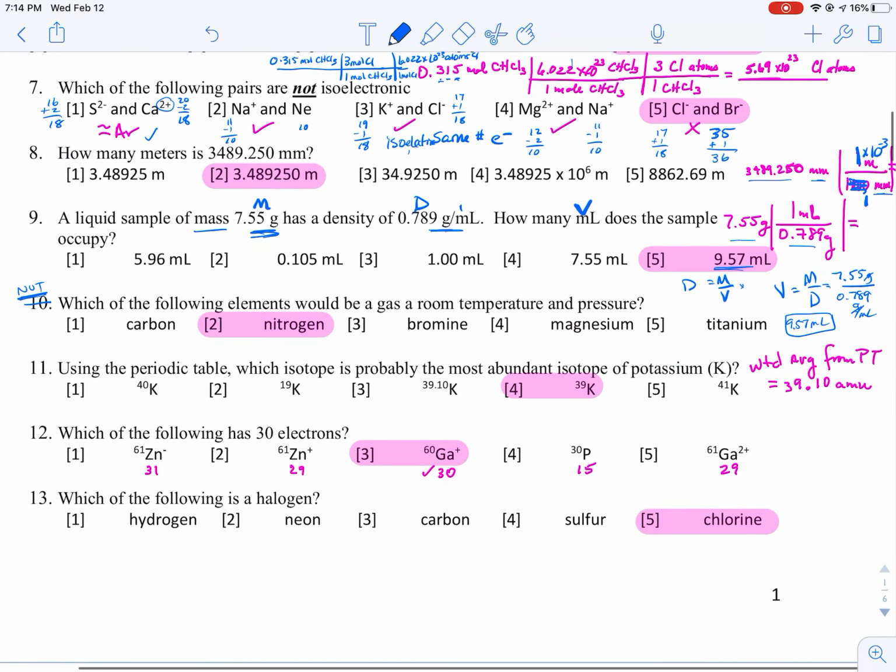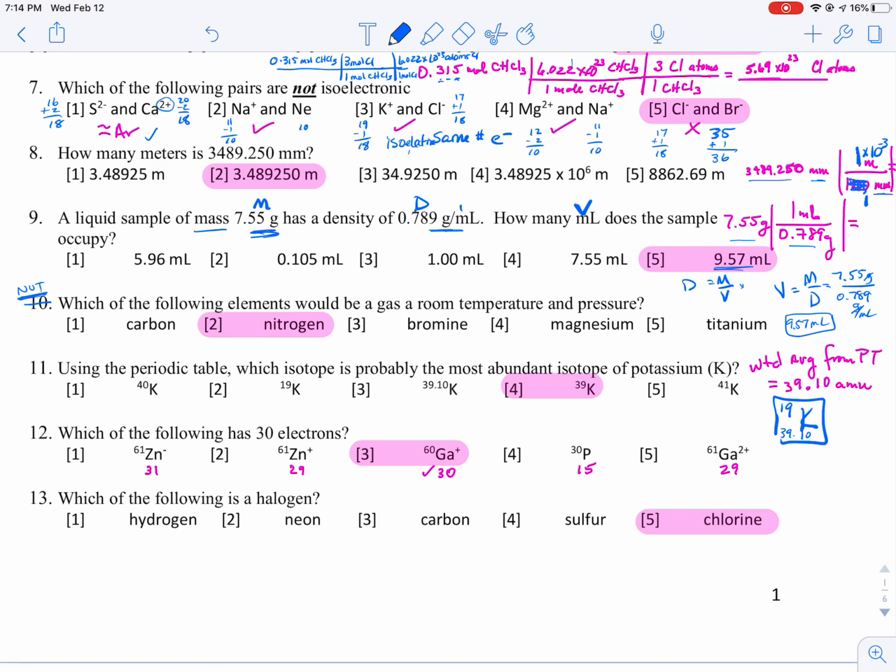So we're looking for the most abundant isotope of potassium. If you look up on the periodic chart, this is the way potassium looks. It's a 19, a K, and then 39 point, and there's a lot of decimals, but 0.10.